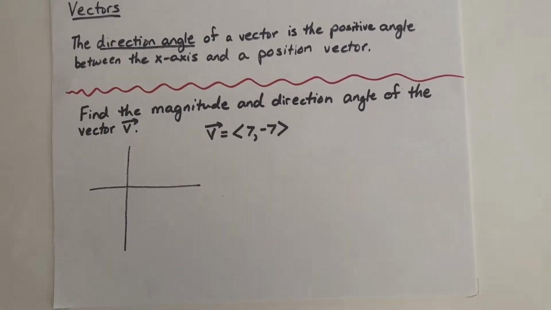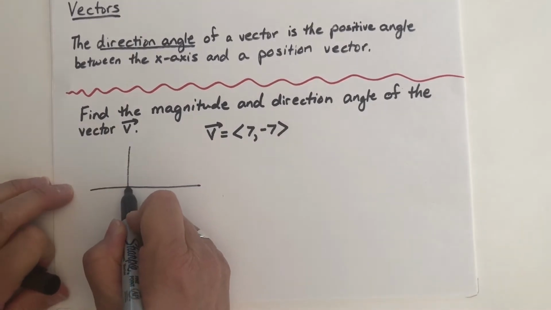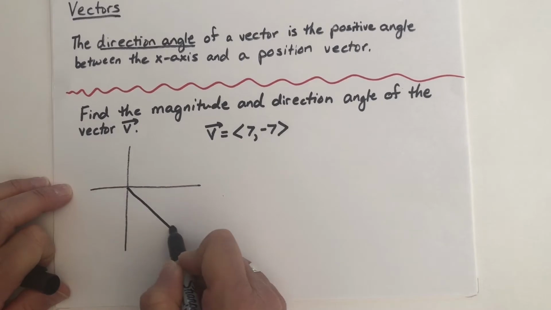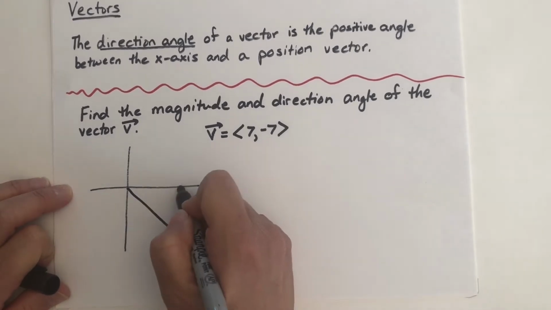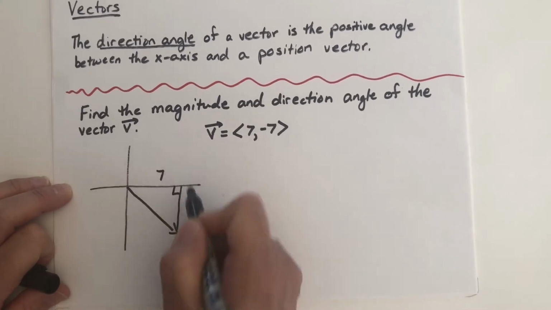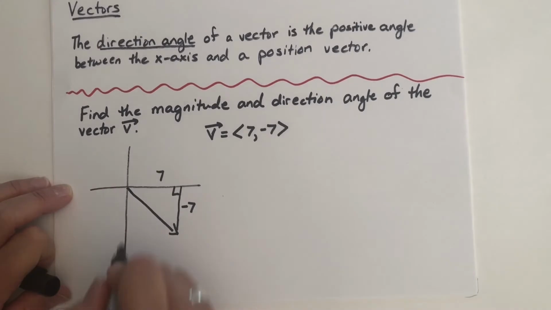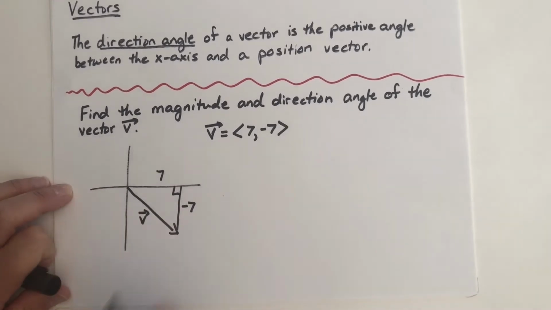and we'll put its initial point at the origin, and its x component is 7 and its y component is -7, so it's going in this direction. So I know this is 7 and this is -7, and this is a picture of vector v.